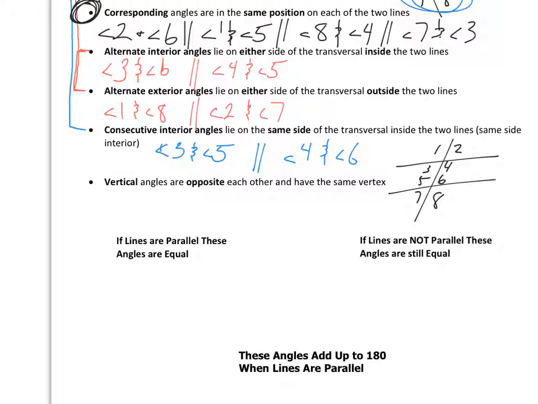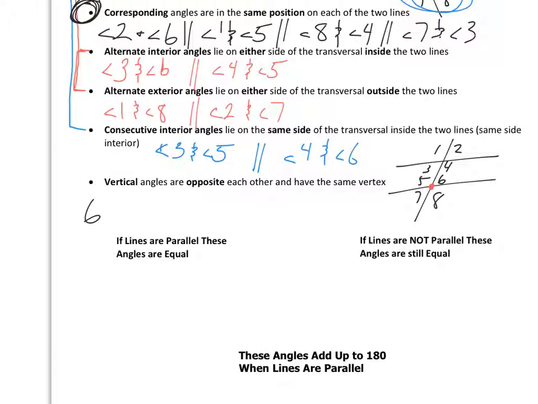Okay, we're going to have lots of vertical angles. Again, they're opposite each other, and they have the same vertex. So pick any number on here, 1 through 8. Hopefully you're thinking of the same number that I am, 6. Good job. So what angle is opposite 6 but shares the same vertex? Well, the vertex that 6 has, I'm going to circle here in red. So my choices have to be 5, 7, or 8.